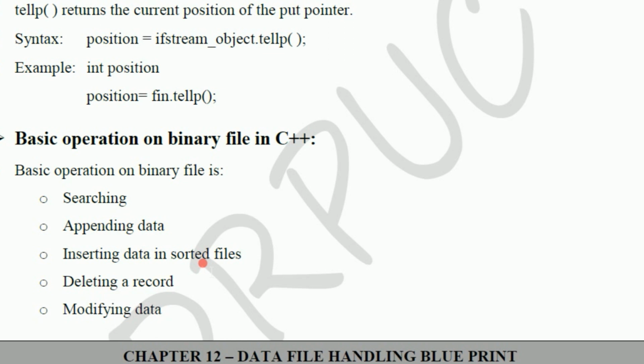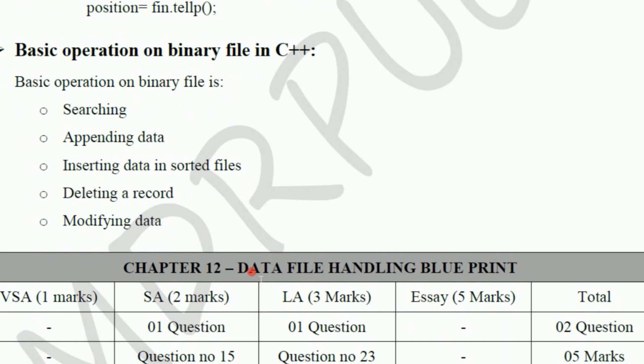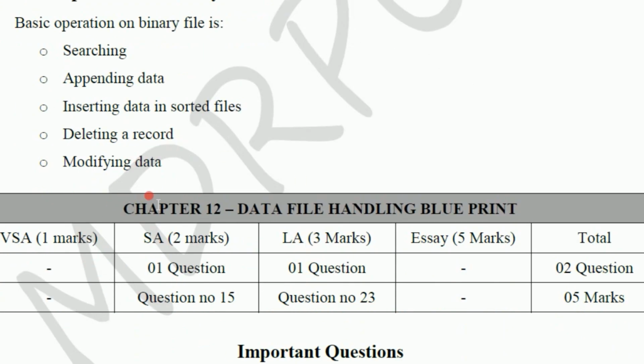An object contains so much information, maybe name, address. All information we can read with the help of read, and all information we can write with the help of write. And then we can modify the data, delete a record.